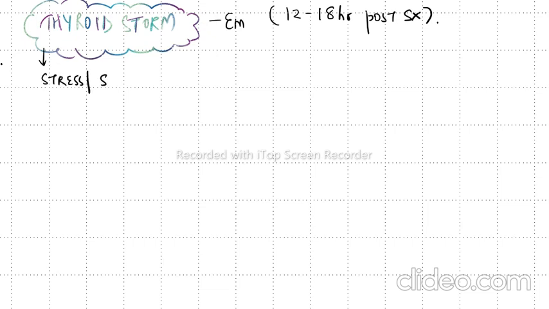And lastly, a few lines about thyroid storm. This is an emergency situation. It can occur 12 to 18 hours post surgery. And how does it precipitate? We know that any stress situation, like surgery, trauma, all these can stimulate thyroid storm. And one drug which they can ask is amiodarone.